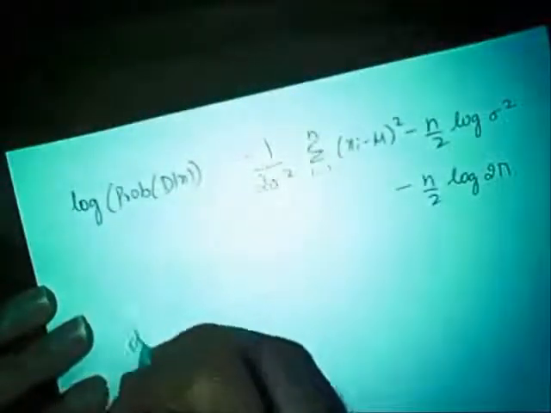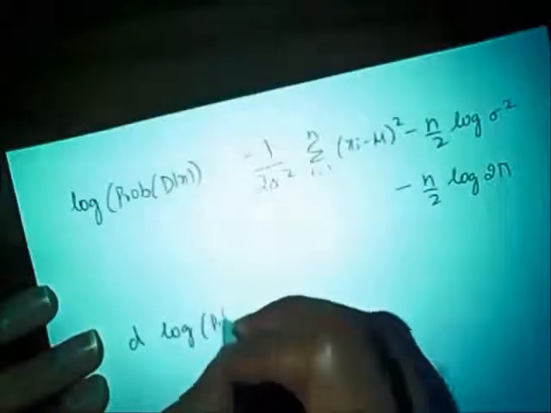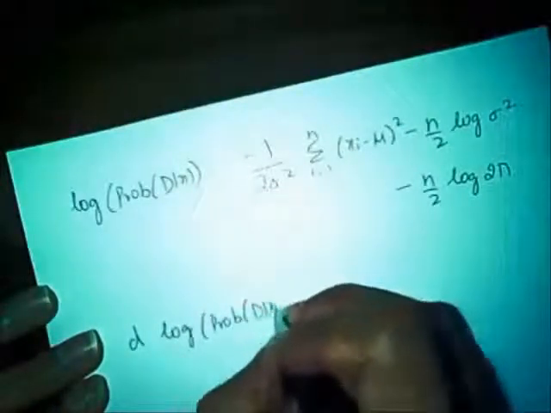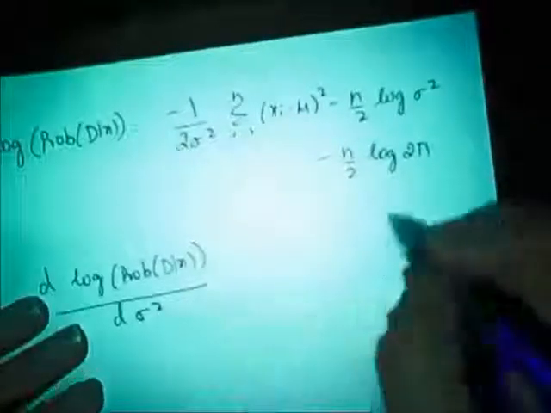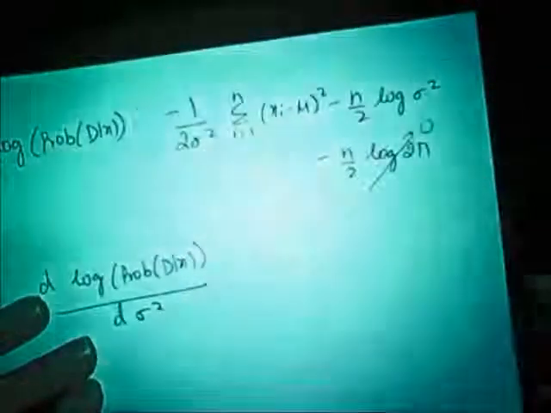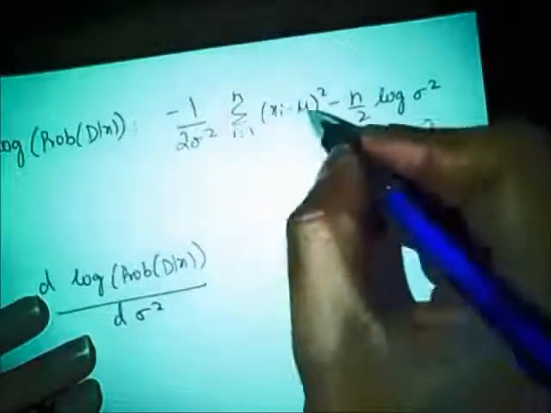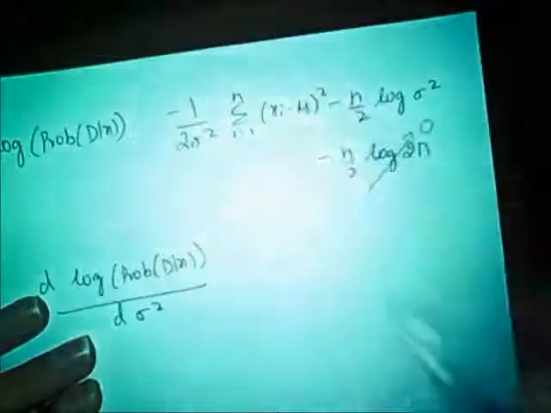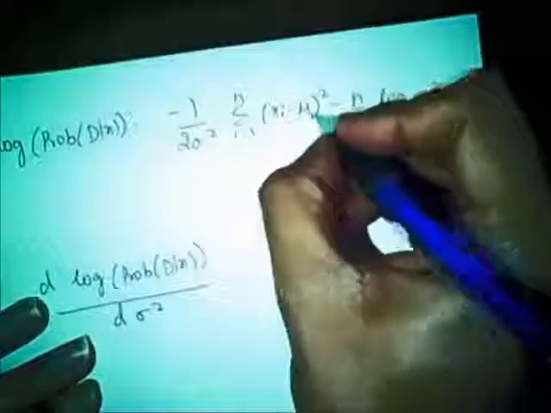So I'm now going to differentiate this with respect to sigma squared. I know that this term will go to 0 because it will not depend on sigma squared. And now, instead of having mu here, since I already know what mu ml is, I'm going to take this as mu ml.